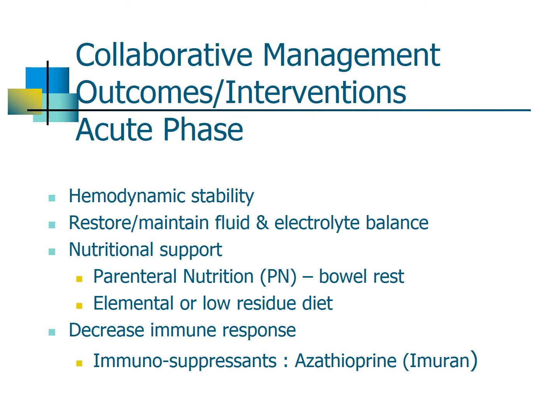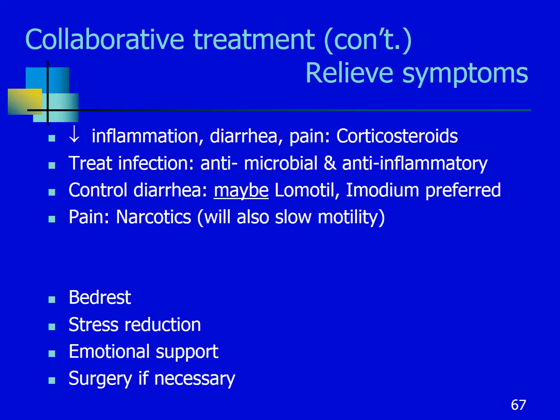All right. So what are some of the interventions? Well, monitoring them to make sure that they are stable hemodynamically, restore and maintain the fluid and electrolyte balance, give them nutrition, parenteral nutrition, rest their bowel, decrease immune response, so give them immunosuppressives such as Imuran.